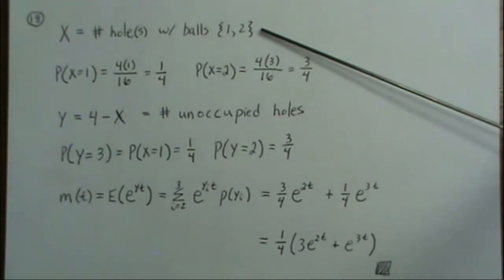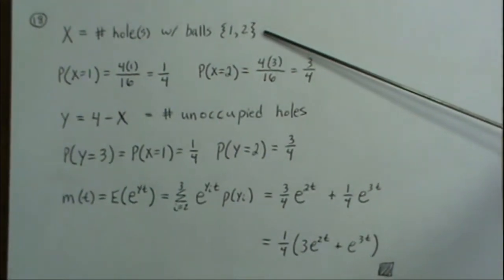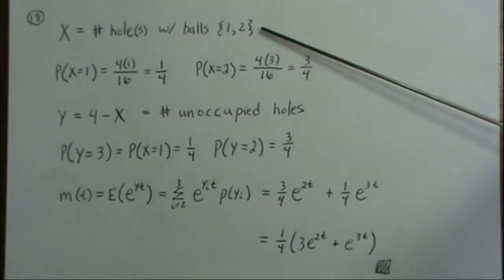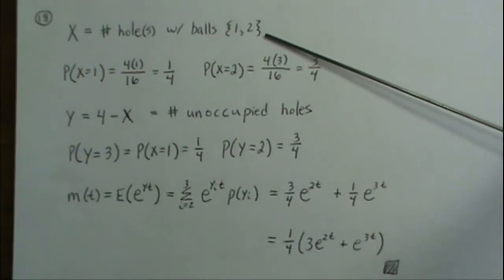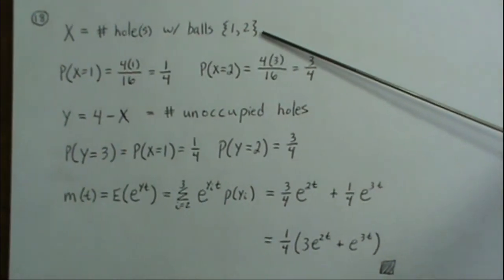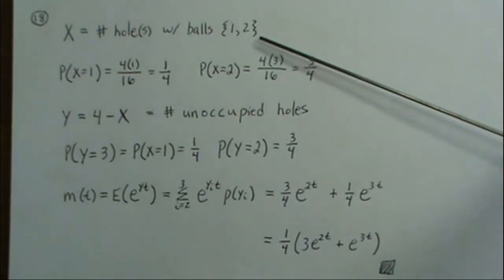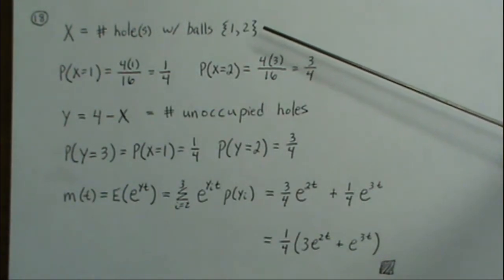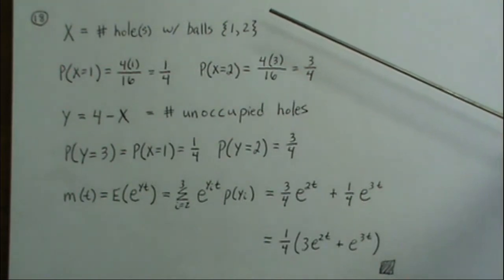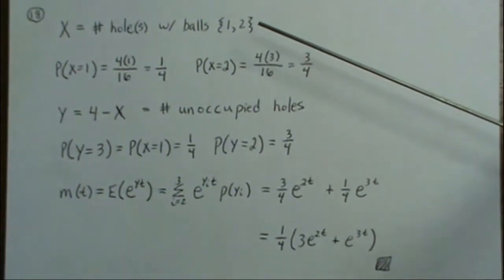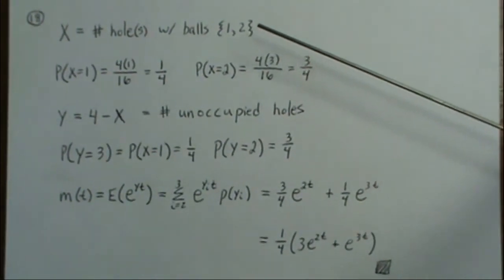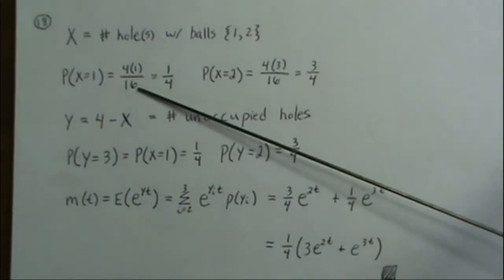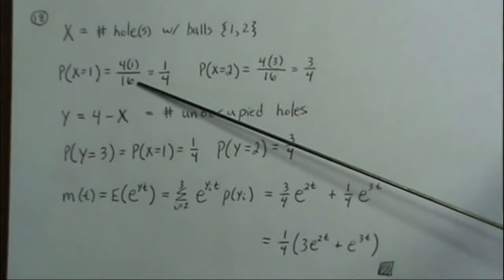The way I like to think about it, it's easier for me to think about how many holes have a ball. So the number of possibilities to put 2 balls in 4 holes is 16. There's 16 ways, so our denominator is going to be 16.